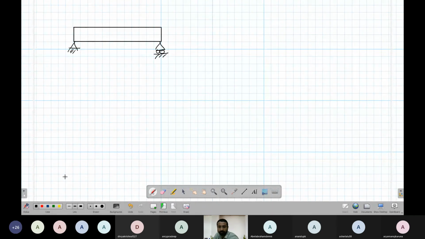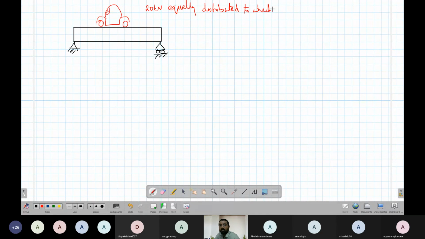Now let's say we have a car here. Let's say the weight of the car is 20 kilonewton, equally distributed to the wheels.